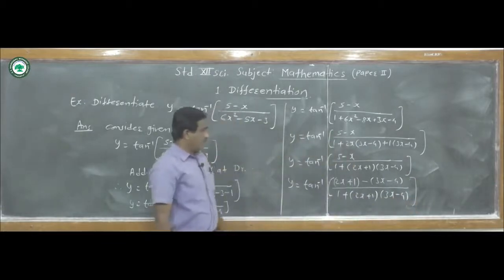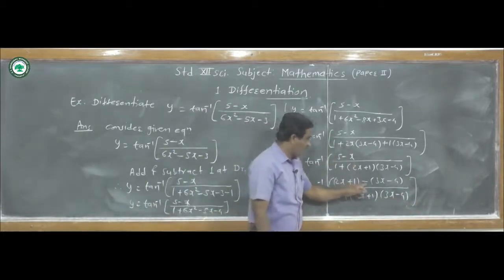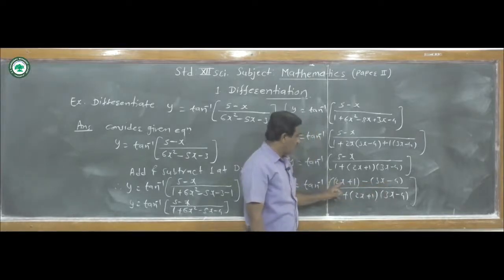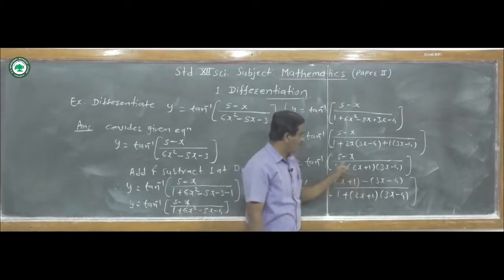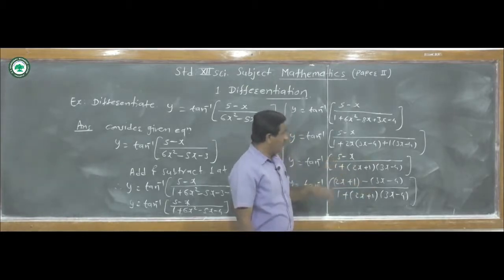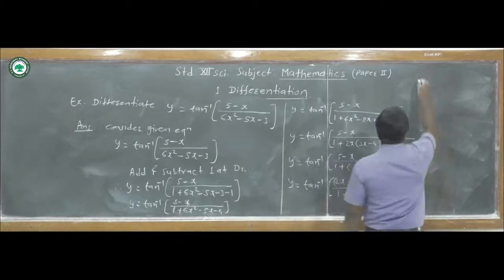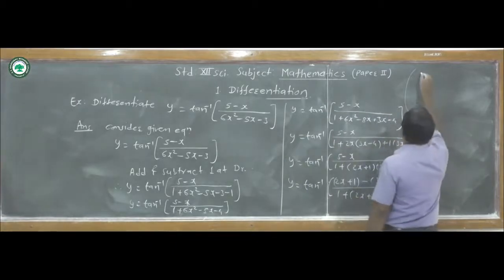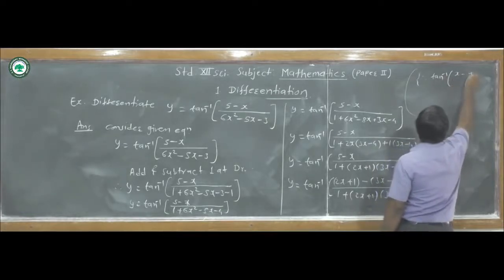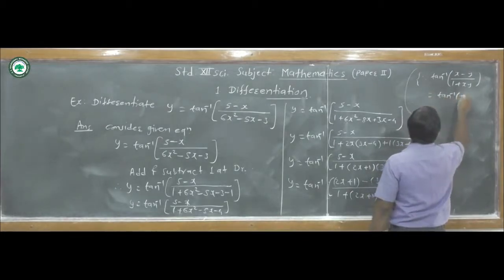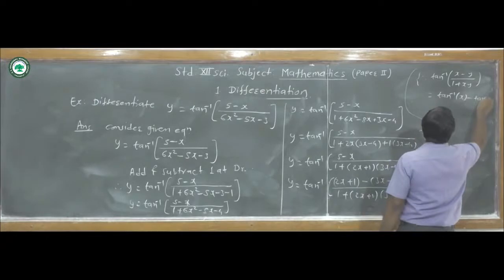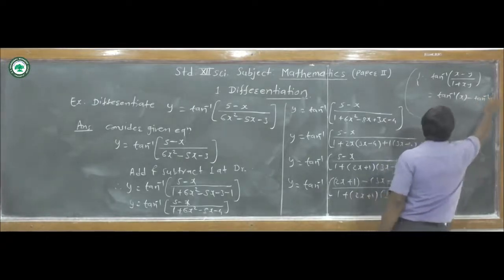Okay, now if we take subtraction here, minus 3x plus 4: 2x minus 3x means minus x, and 1 plus 4 means 5, so 5 minus x. Okay, now we use here the formula: since tan inverse of (x minus y) upon (1 plus x into y) is equal to tan inverse of x minus tan inverse of y.